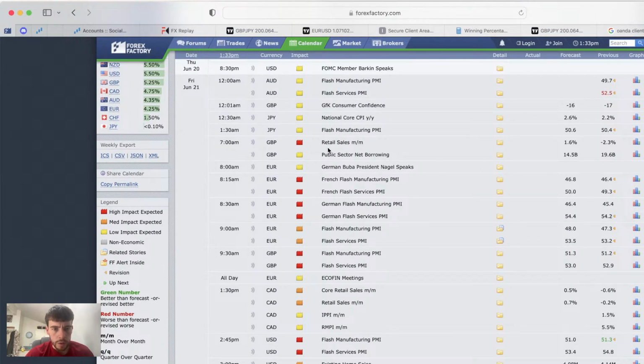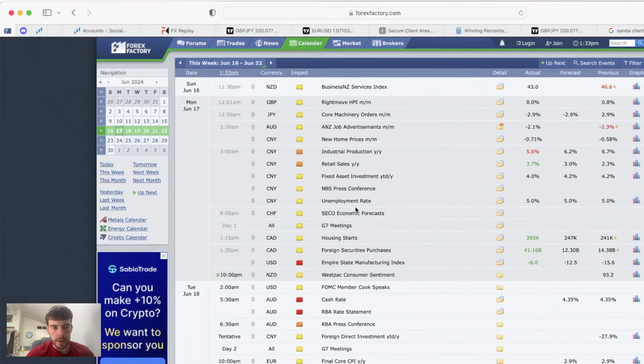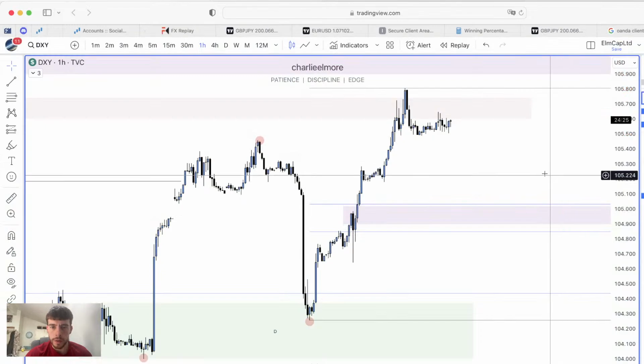We've got pound, retail, euro, flash manufacturing PMI, German, French, more pound news flash as well, and then US flash. So it could be a very, very volatile Friday this week. Hopefully we can get some setups leading up to that, and then potentially the news events could take the price to TP. That's obviously the ideal scenario.